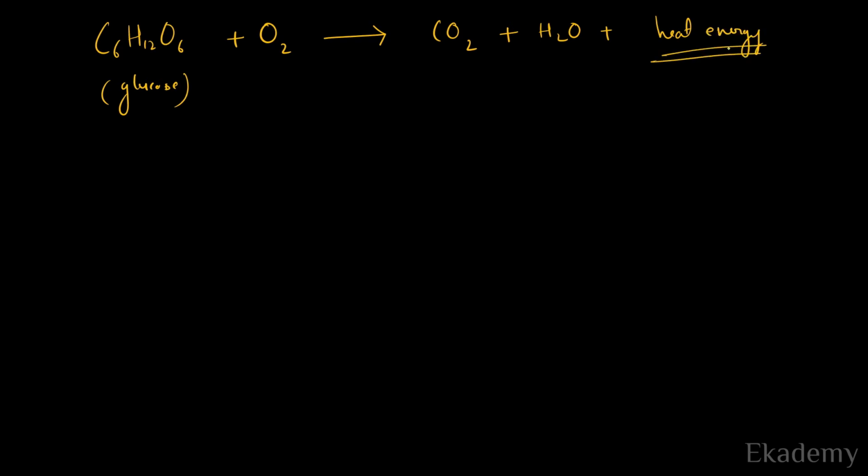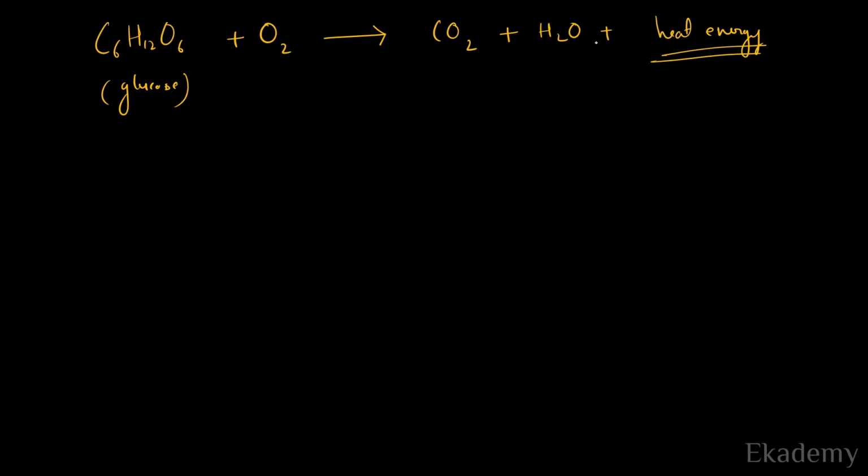And again, this energy is required for the proper functioning of our body. So respiration is a process in which glucose gets converted into energy. We say that respiration is a process in which energy is generated.